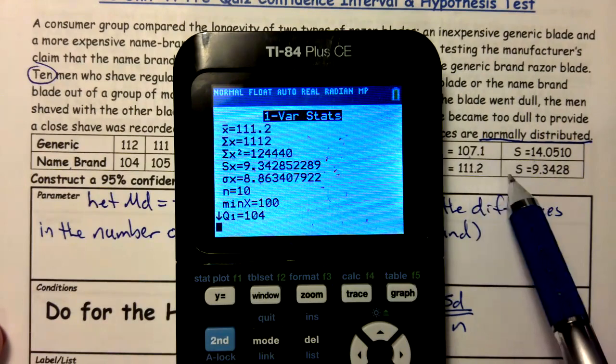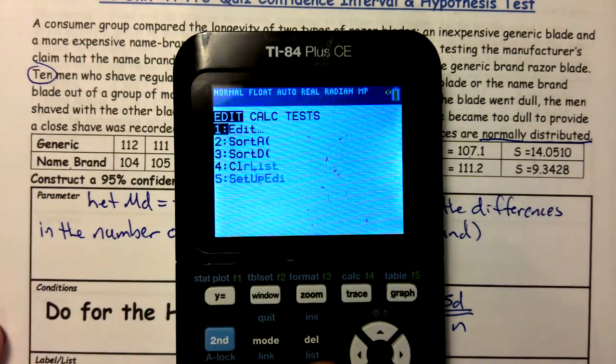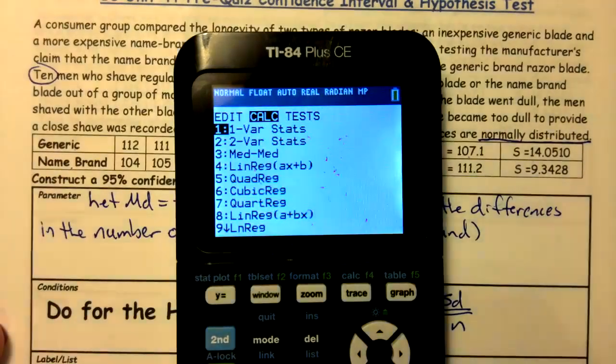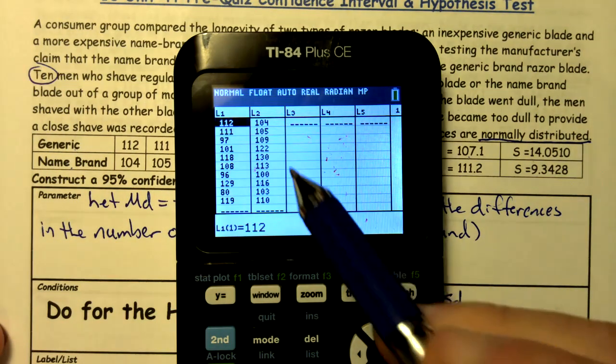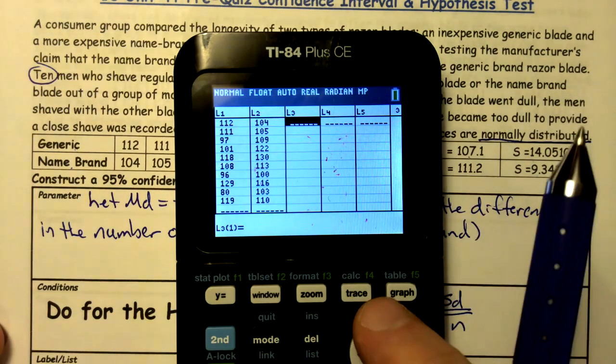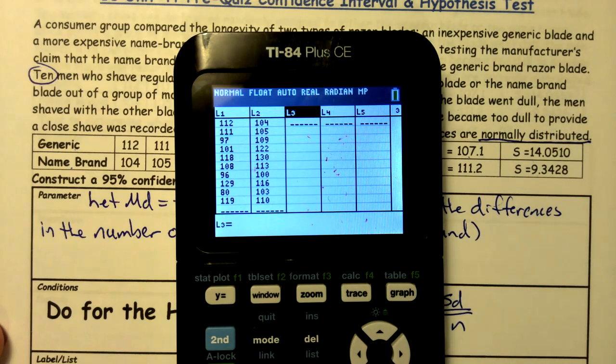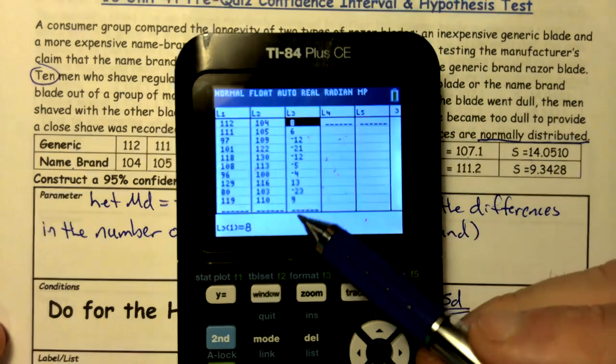So that gives me my check values. All right. I don't need the check values. I actually need the differences. So to find the differences, I go to the top of column L3 and I press second one, L1, minus second two, L2. So now I have all of my differences.